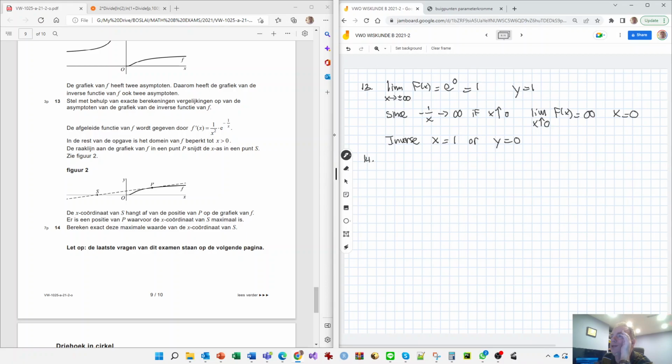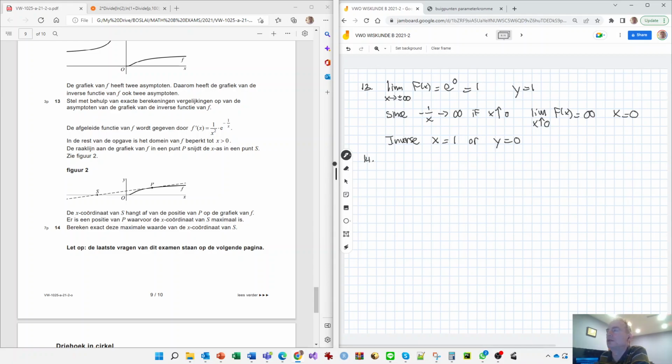There is a tangent at point P that intersects the x-axis in point S, and obviously the x-coordinate of S will depend on the position of point P. But they say there is a certain position P for which this x-coordinate is a maximum. Okay, well let's set up this line and intersect it with the x-axis.